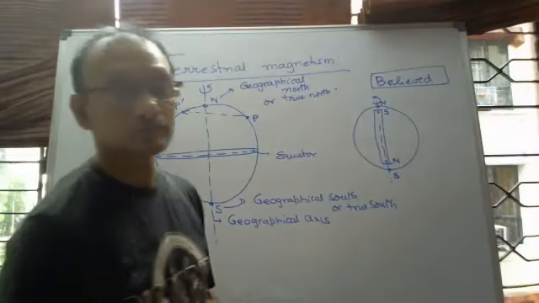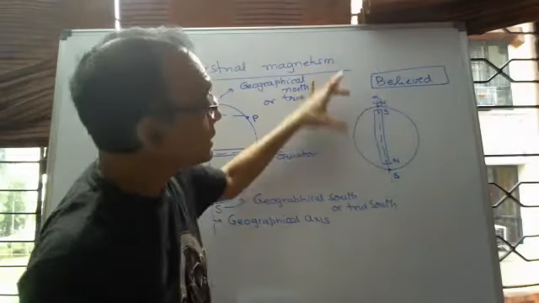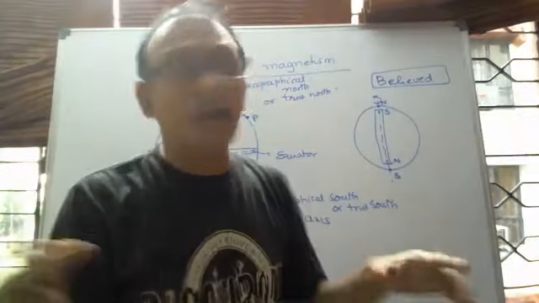It was believed that the whole Earth behaves like a bar magnet.